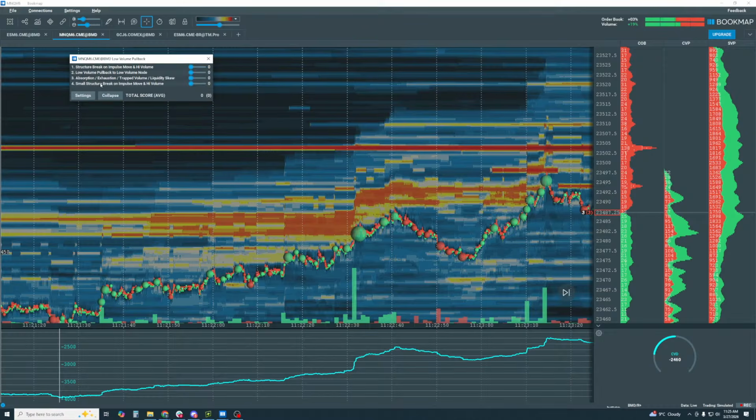Okay. So that's why number 3 in here. We're looking for a host of things after the low volume pullback, into or just in front of a low volume node. We're looking for these things in here: absorption, exhaustion, trap volume, and or all of these things, and liquidity skew.